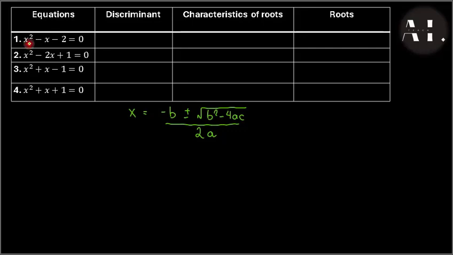Number 1, x squared minus x minus 2 is equal to 0. First step is we need to identify the coefficients a, b, and c.